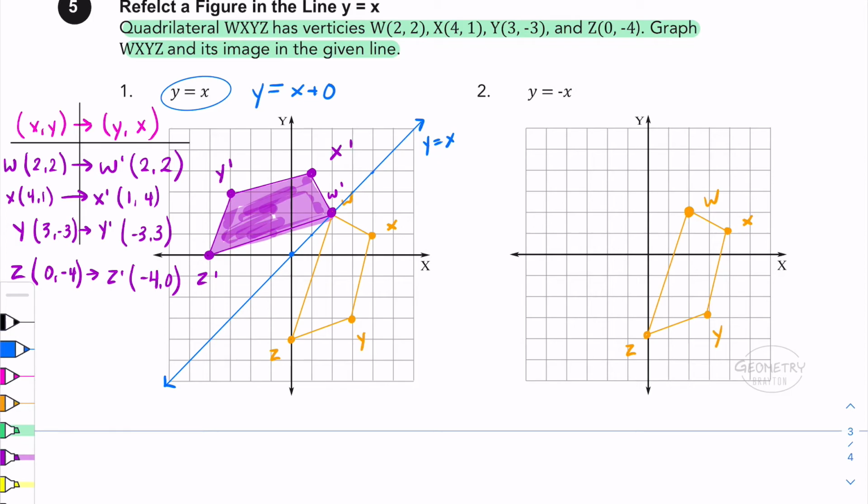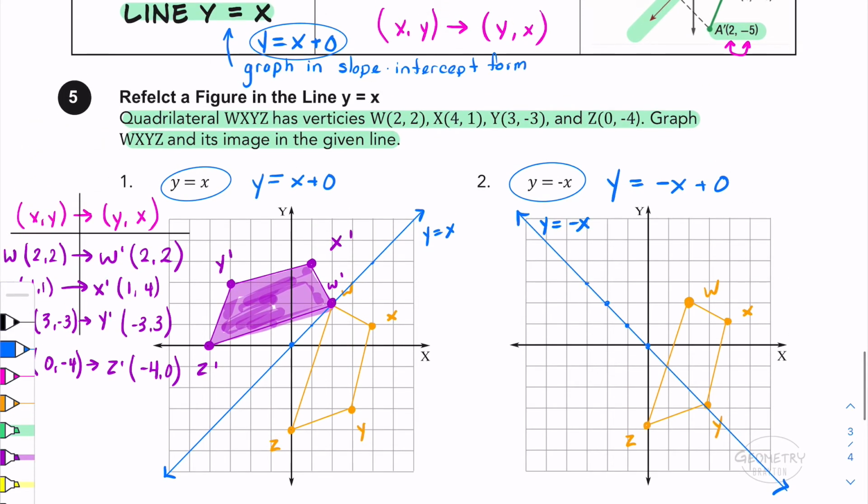This time we are reflecting across the line y equals negative x. So y equals negative x is the same thing as y equals negative x plus 0. Negative x plus 0 is a negative slope, so it looks like a flipped line from what we just graphed in number 1. This line here is y equals negative x.